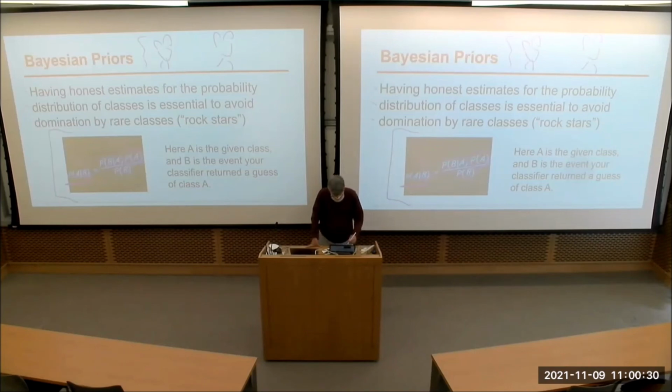If you're looking around, and this photo was taken in the United States, your probability of seeing a panda is near zero. That has got to dominate what your classifier says. So Bayes' law gives you a way to correct for that kind of probability.